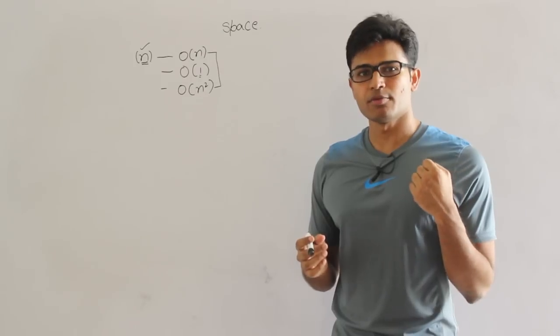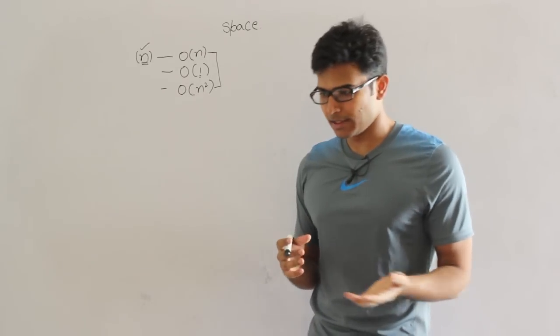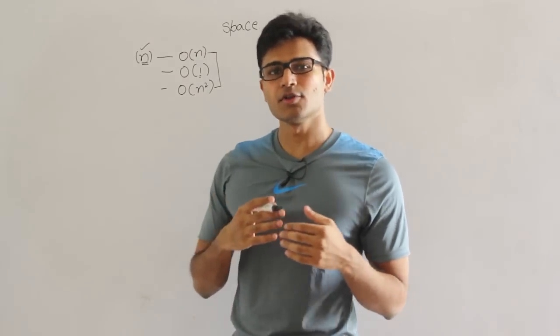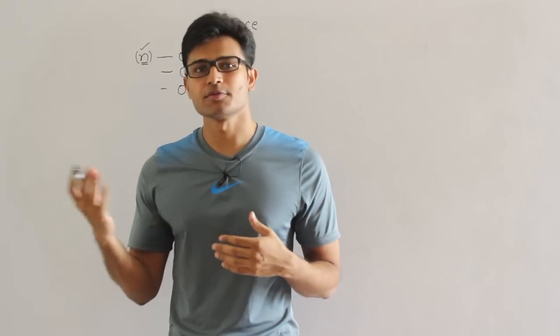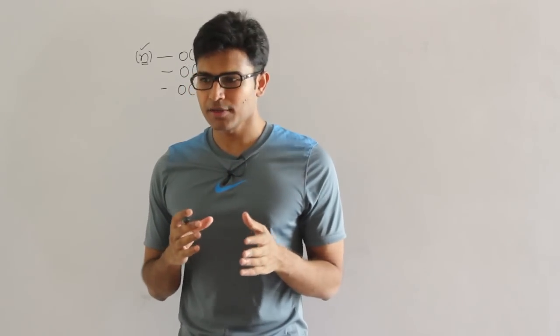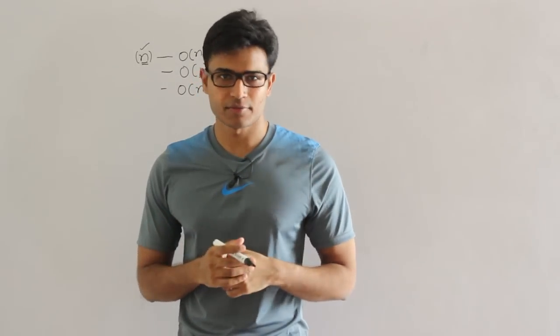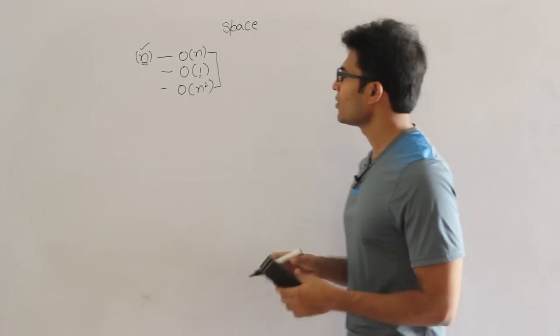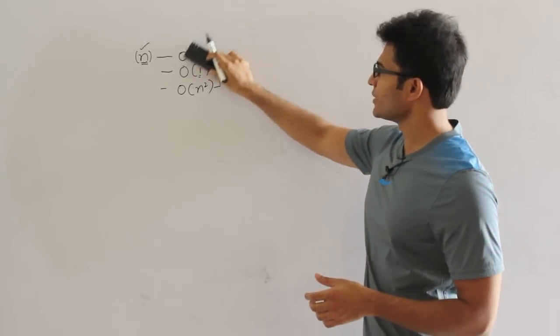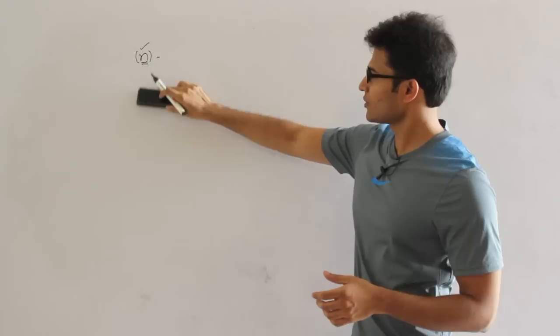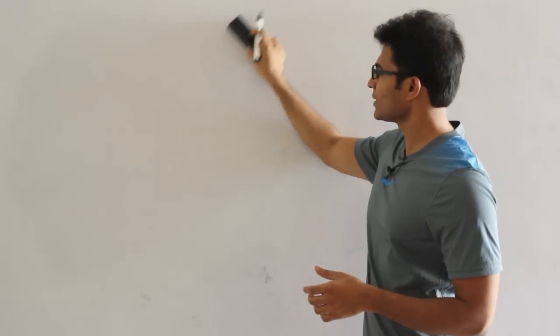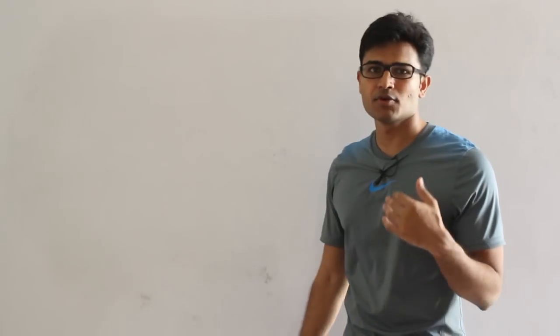If you want it to perform with less time complexity, then sometimes you might have to give more space. And sometimes if you want to give it less space, then you might have to give it more time. Depending on your requirement, do you want to decrease the space or decrease the time, we can design the algorithms and analyze them.